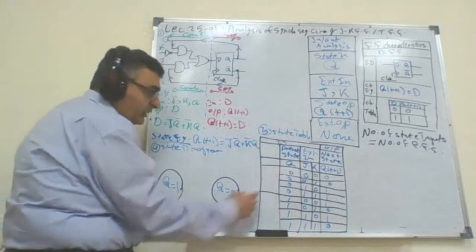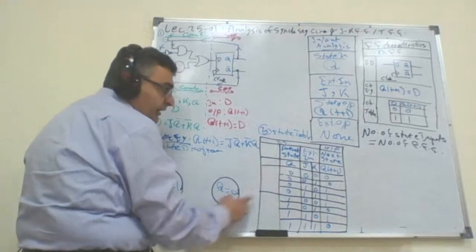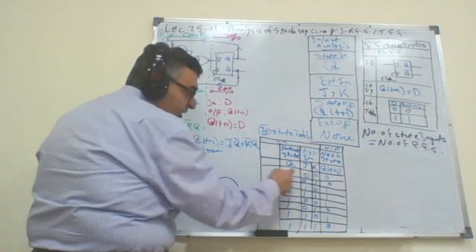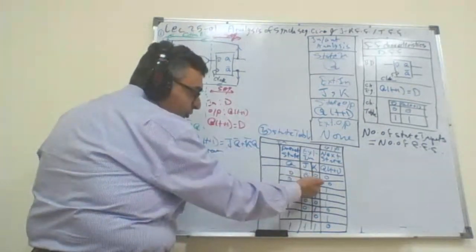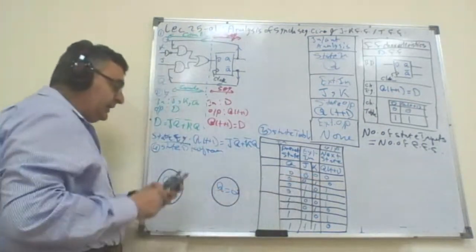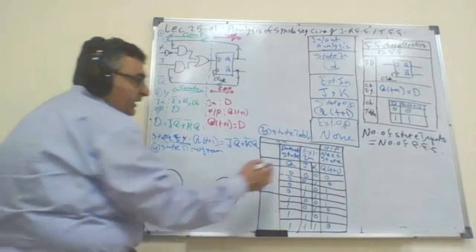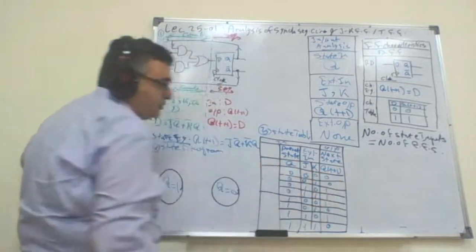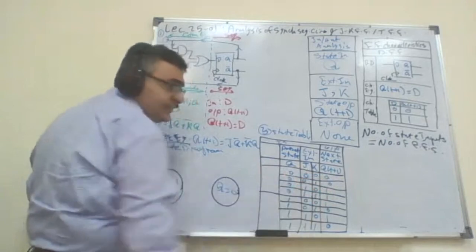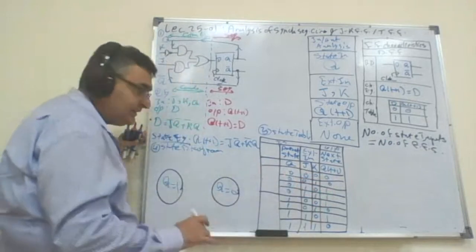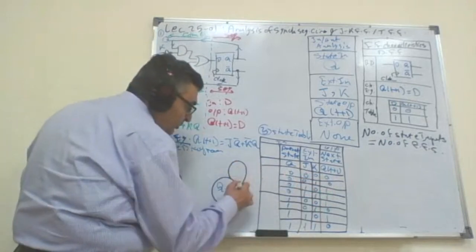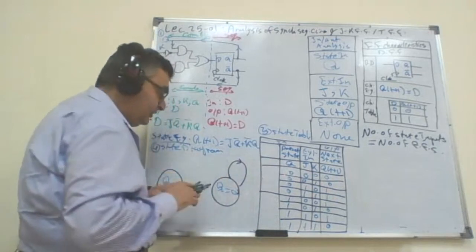So for circle number 1, we have state 0. The first arrow is for J and K equal to 0s. If I'm in state Q equals 0 and J and K both equal 0, what will be my next state? I have to stay in the state. So this arrow will send me back to the state.